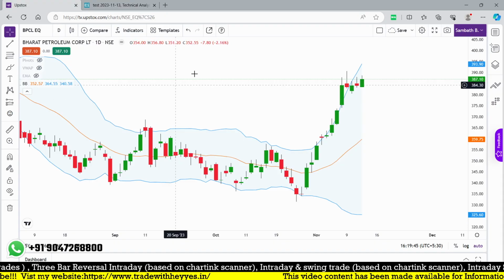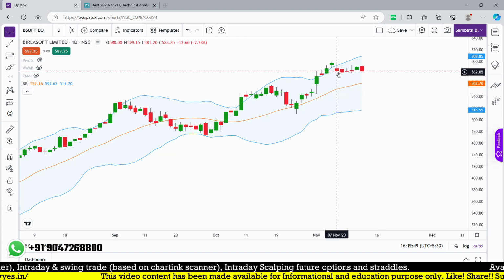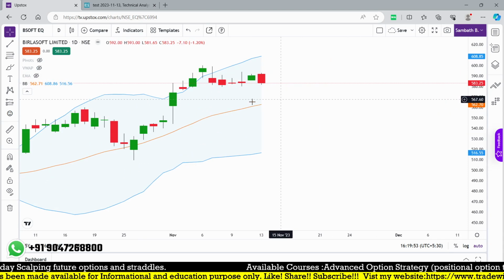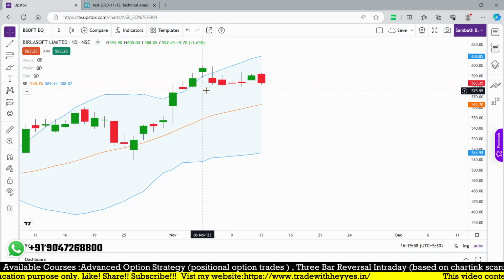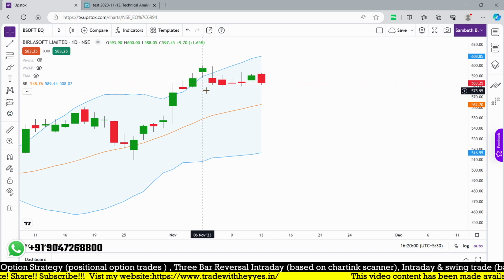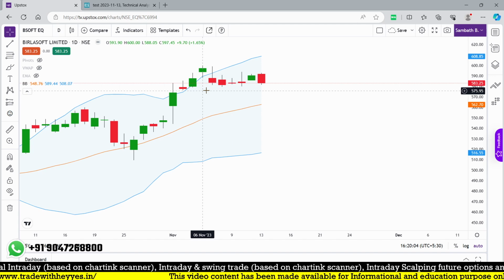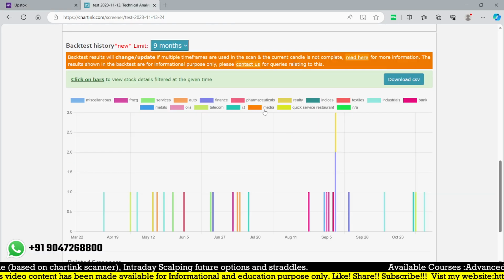And BSOFT on the second of November. But the low of that particular candle, if it breaks, we are expecting the stock can fall to the middle level of the Bollinger Band or even the lower level, but it doesn't break the level. So we are not focusing on that for a reversal opportunity at the top level.